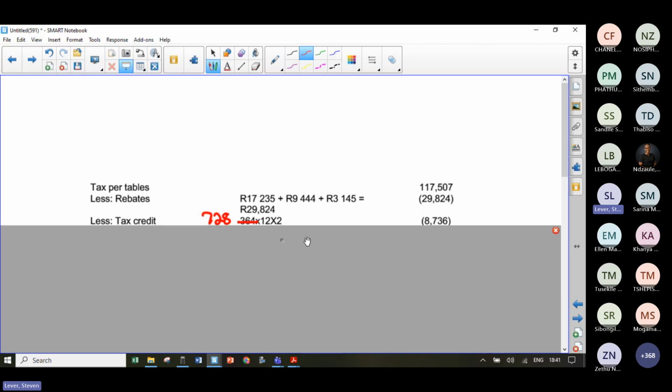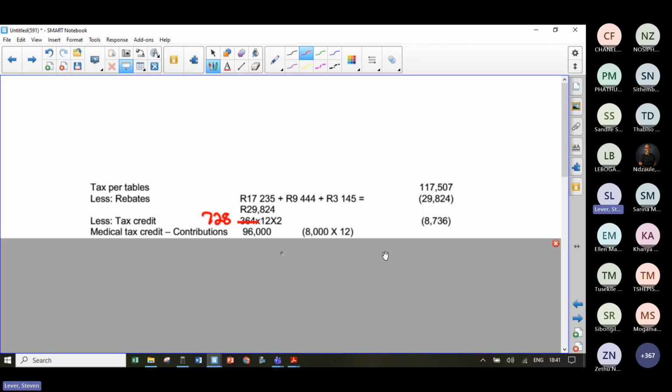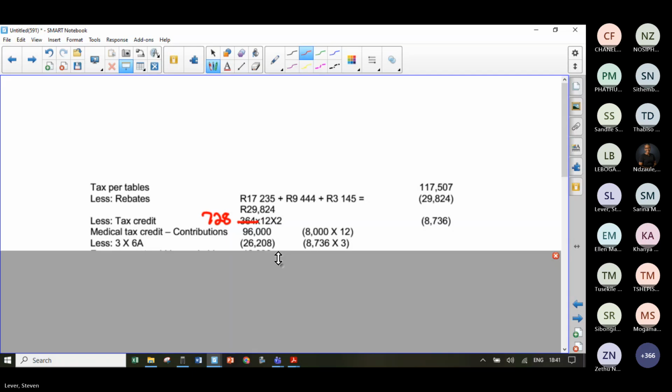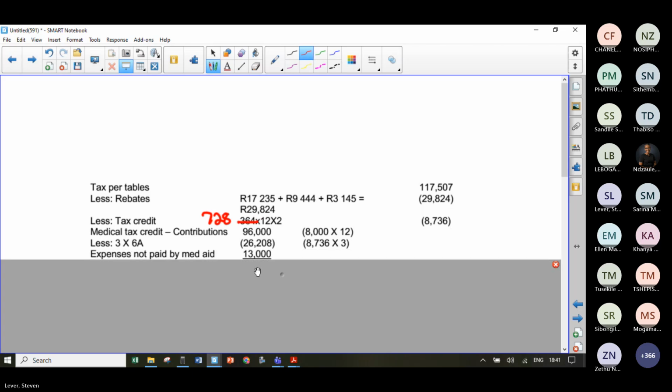Sorry. I'll actually post the correct one there. So it's him and his wife. His contributions are 96. Because he's over 65, you need to take off 3 times the 6A credit. Expenses not paid by medical aid are 13.